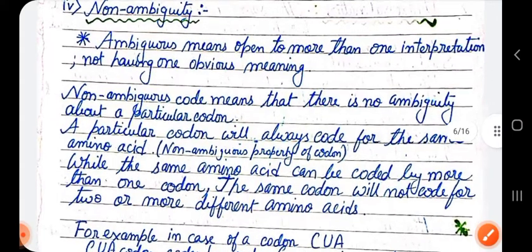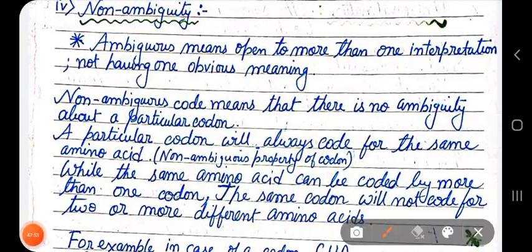So a non-ambiguous code simply means that there is no ambiguity about a particular codon. But codons are non-ambiguous.